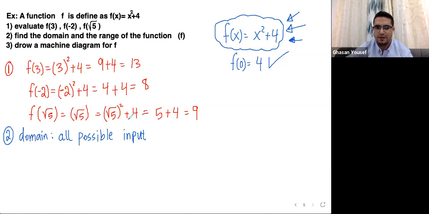They give me an answer. So what is the domain here? What can I say about the domain? What values can I plug inside this function? I can plug the 0, I can plug the positives, I can plug the negatives.